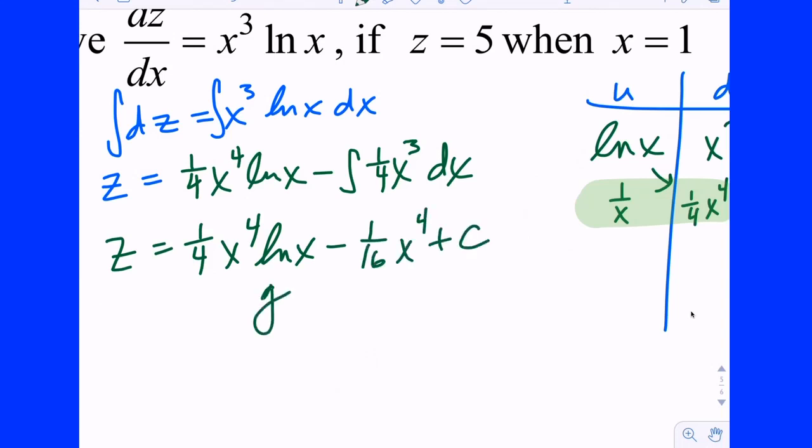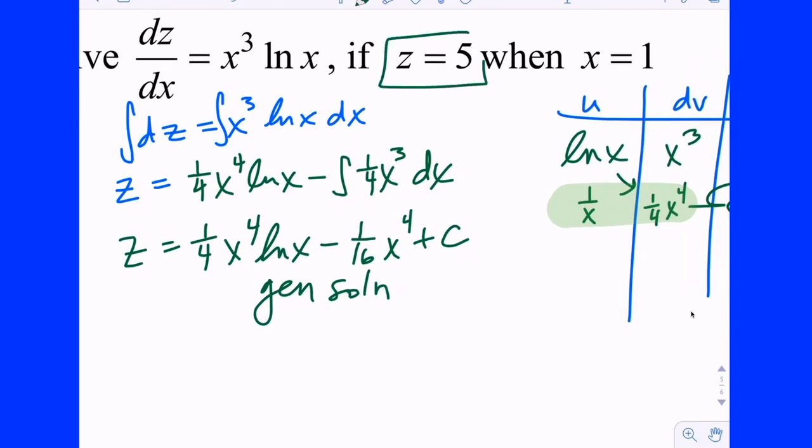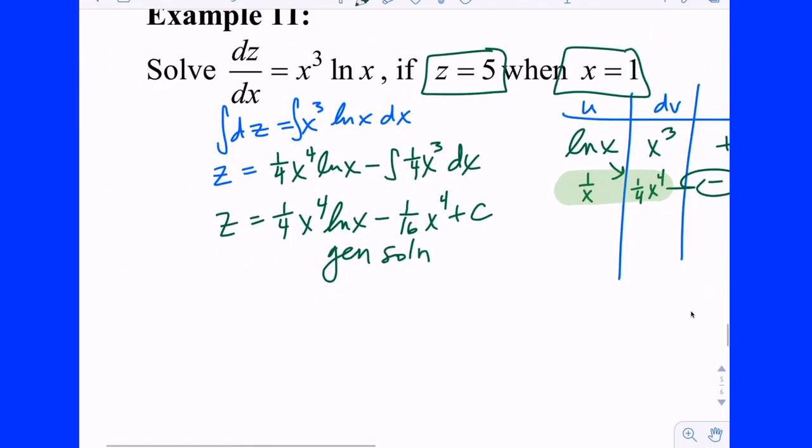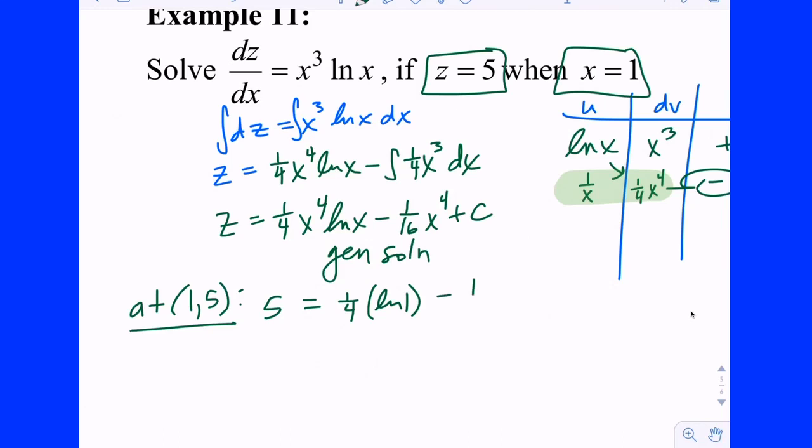Now that is the general solution. It's solved for z in terms of plus c. Now I have to find the particular solution. So we'll say at the point 1, 5, showing that we're plugging in, 5 would equal 1/4 times the natural log of 1 minus 1/16 plus c.